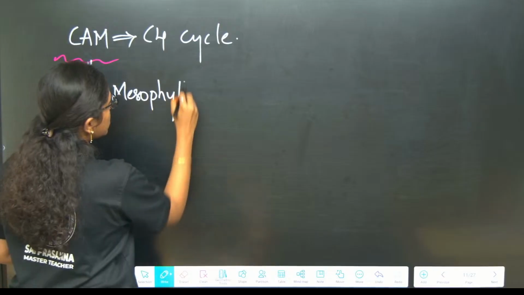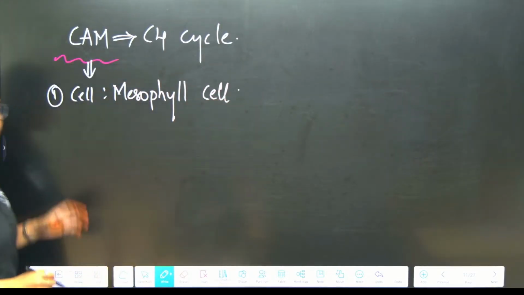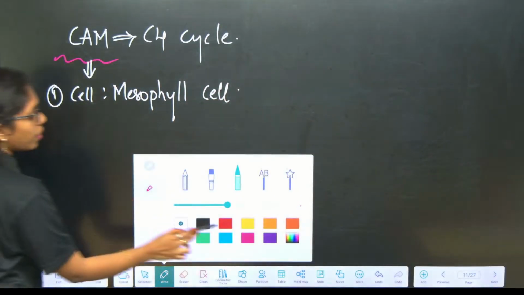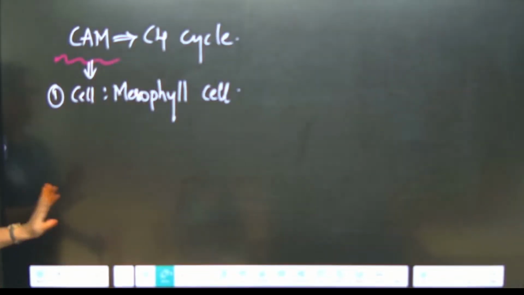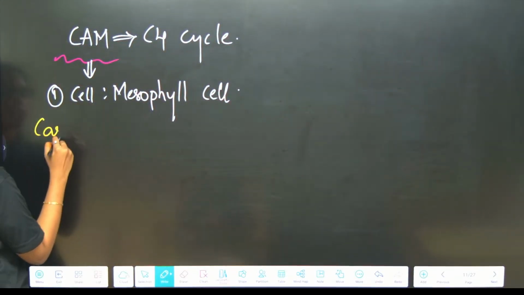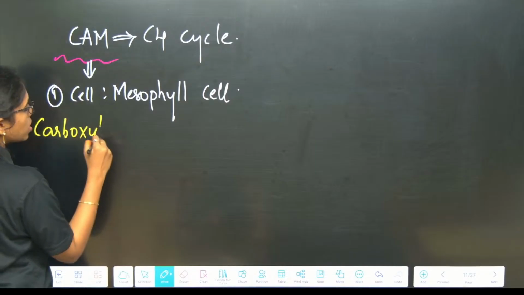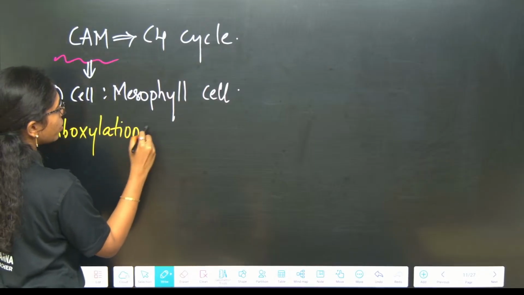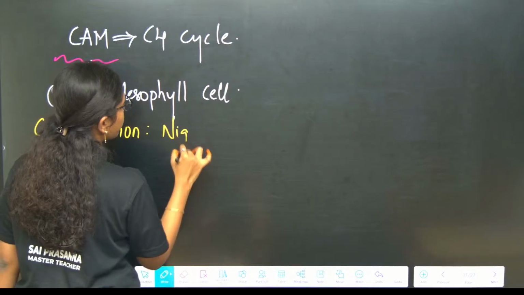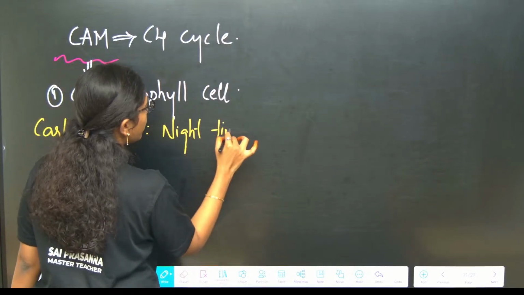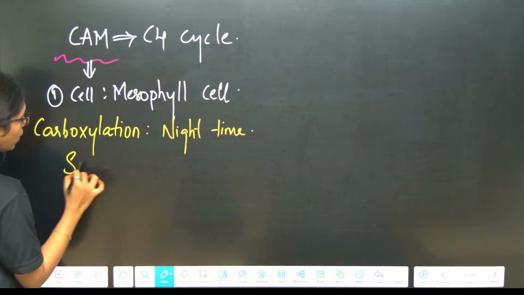Okay, and here primary carboxylation or first carboxylation occurs during night time. Because of what? Scotoactive stomata.